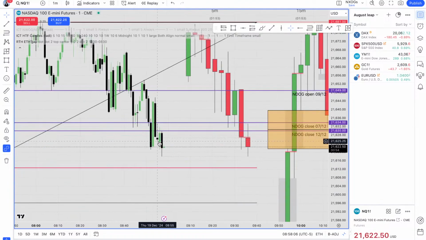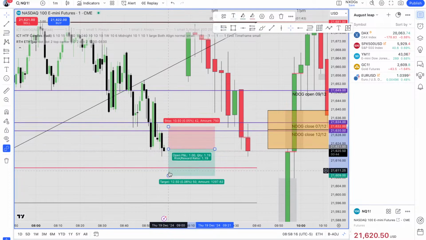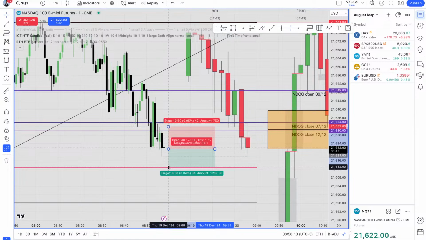If it closed below this one candle, I would have won short. I mean, with a smaller stop loss like here, I would have. Oh, it's very low. Very, very low. No, I wouldn't.